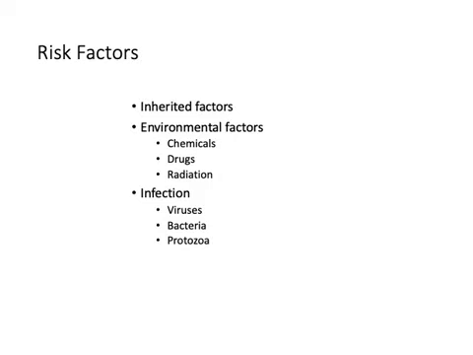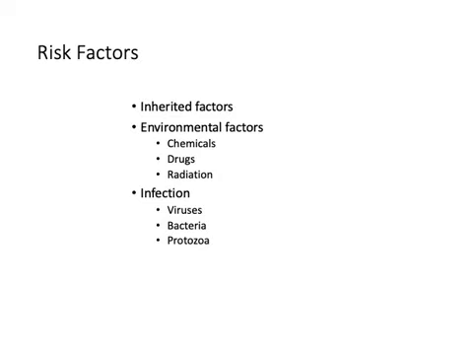More importantly, hematologic neoplasm may be associated with certain environmental factors. The most important of these would be exposure to benzene, drugs, especially the anti-cancer drugs, specifically the alkylating agents, or exposure to high doses of radiation.